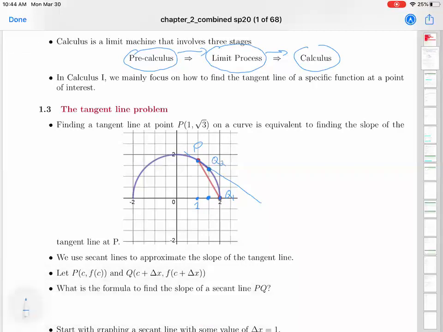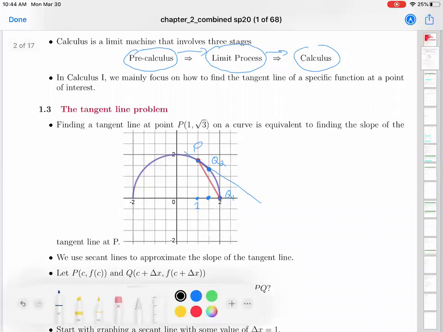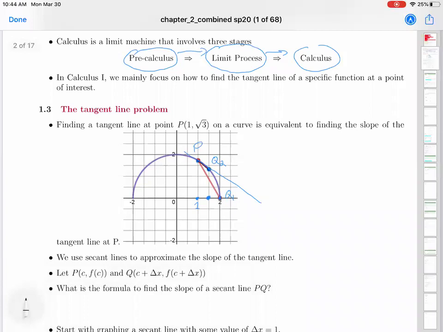So I move the values closer to 1 to get a new point, and then I draw a line from P to Q2. You can see that this black line is still not the same as the blue line, but it's a better estimation for the blue line compared to this red line.